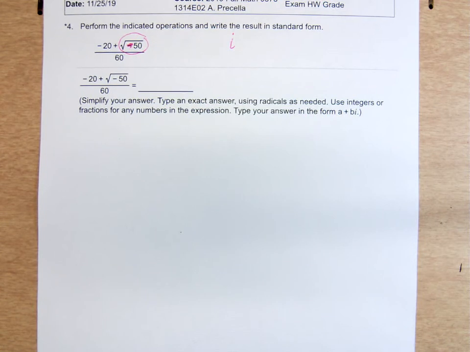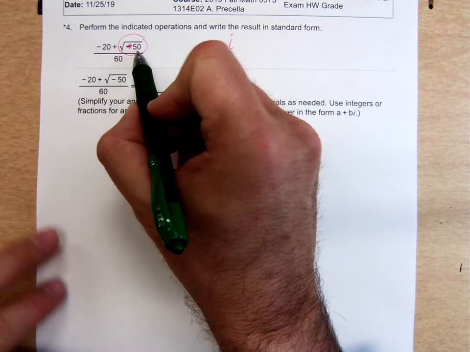Next, I need to think, okay, 50 is not a perfect square, but what perfect square does divide into 50? What are the perfect squares, the numbers whose square roots we know just from the multiplication tables? Well, 2 times 2, 4, 9, 16, 25. 25 divides evenly into 50.